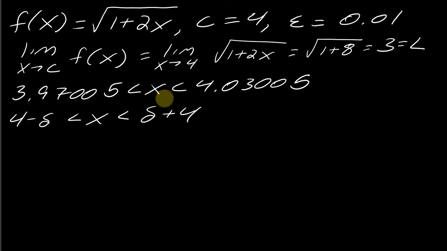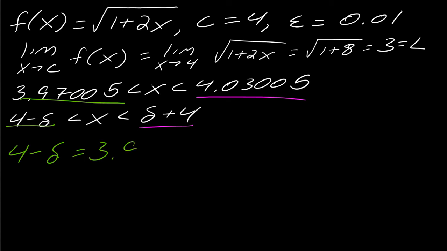These were the two key pieces of information that we needed, so now I'm just going to set them up end to end. I've got this delta corresponding to this side of the x coordinate, and then this delta corresponding to the other end of the threshold around the x. So I've got 4 minus delta, and I'm going to set that equal to 3.97005.